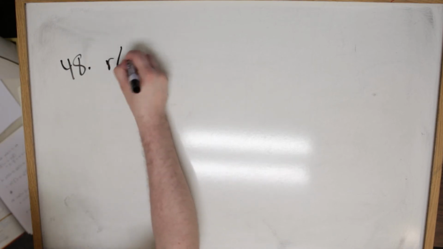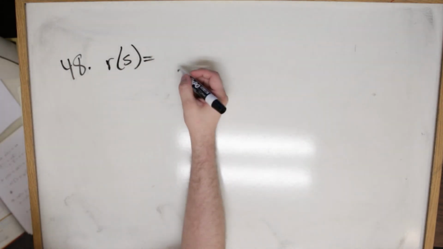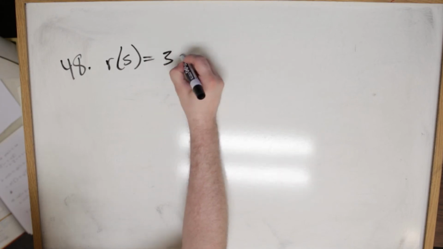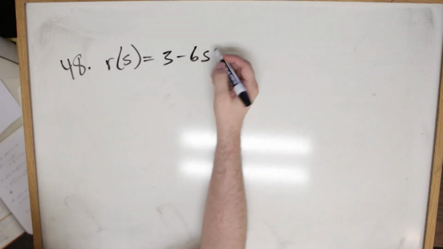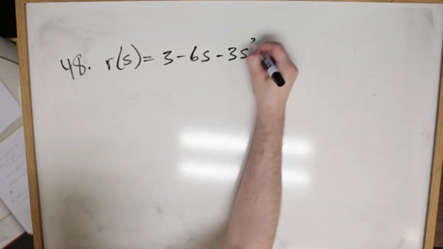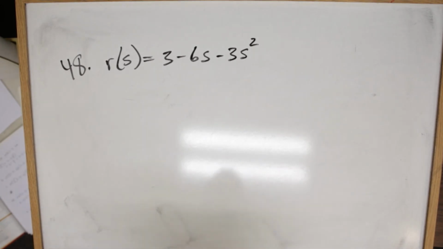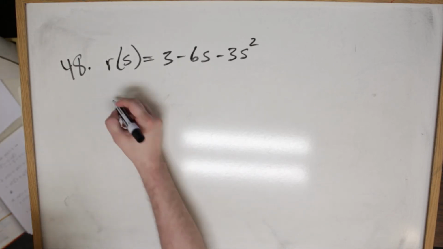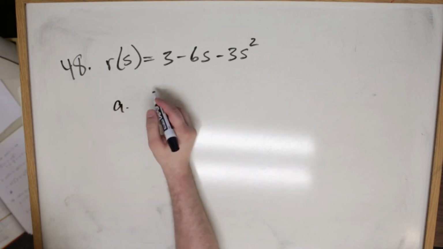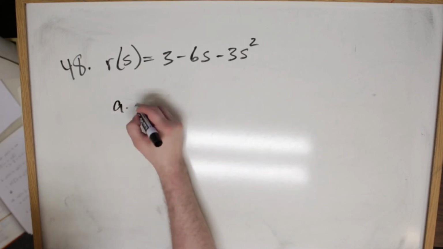48, r of s is equal to 3 minus 6s minus 3s squared. So a little trickier. We have a square in there. So let's just go one at a time. I might have to erase because these might have to work out a little bit more.